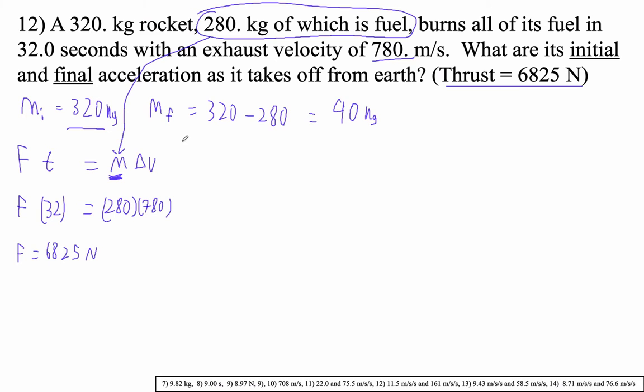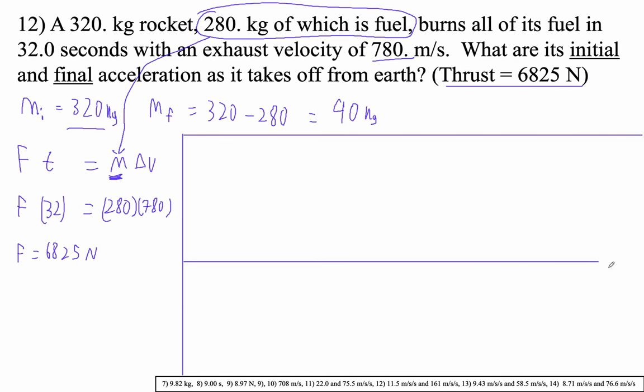All right, now we've got to draw. Now we've got to figure out the initial and final accelerations. Look how straight I can draw those lines. I'm so good at this. Okay, so initially the mass is 320 kilograms.